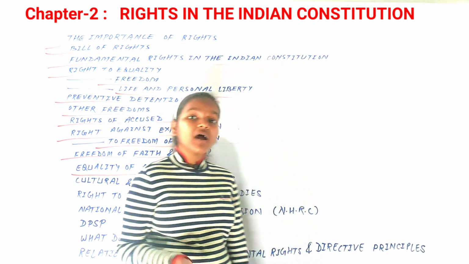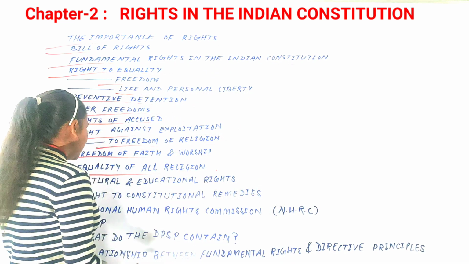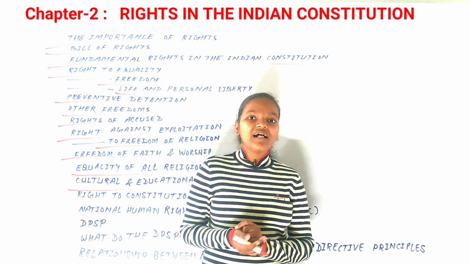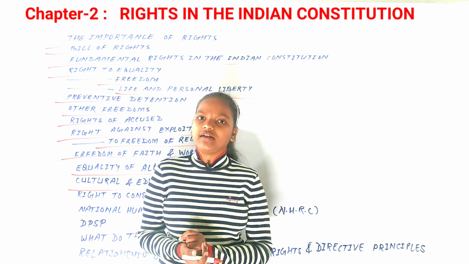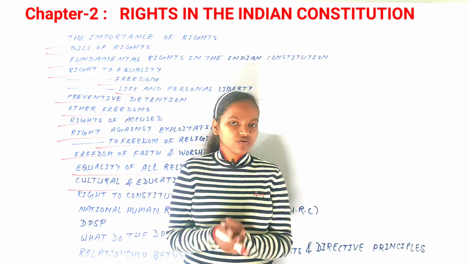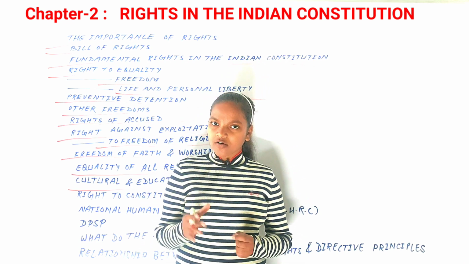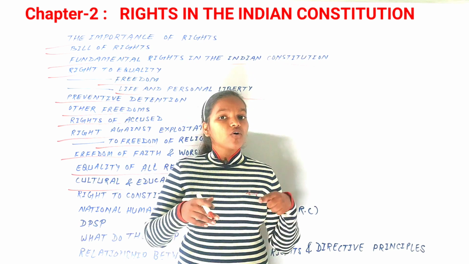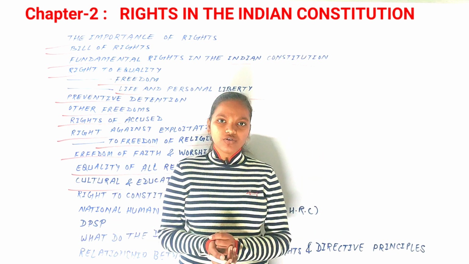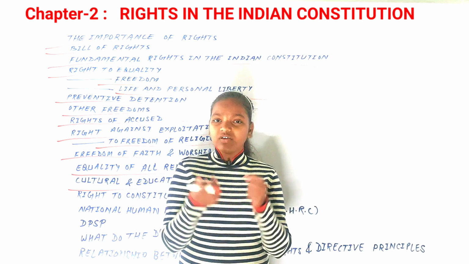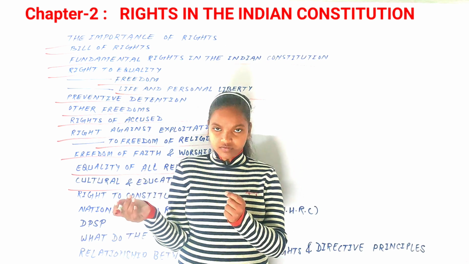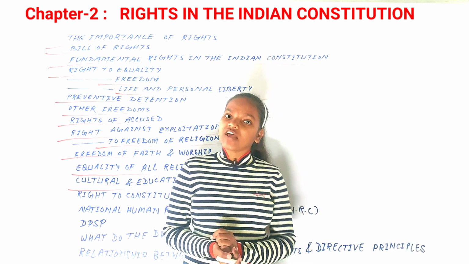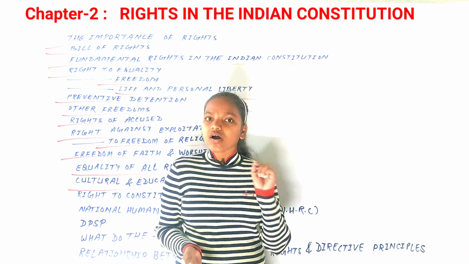So let us talk about the next right that is related to it: cultural and educational rights. Now this is the fifth fundamental right of ours. When we talk about diversity, India has a lot of different types of people, and there is a lot of diversity in many matters, not just in religion.